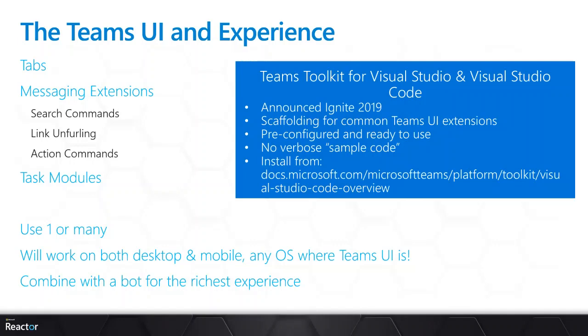They break into a couple of different things: search commands, link unfurling. If you haven't seen this, you see it now in Twitter and LinkedIn and native Teams as well. If you paste in a URL, it will digest the title and the metadata, break it out and give you a nice card that helps you see what's going on before you click the link. You're actually in control of that.